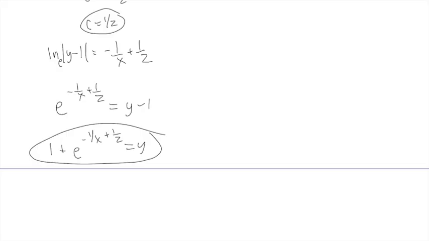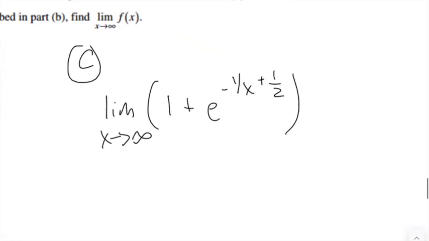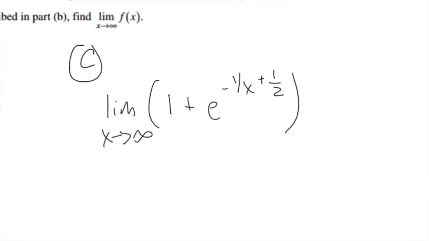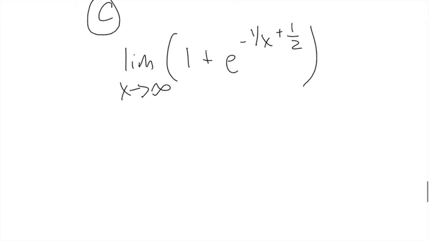Now, part C says we need to take the limit as this approaches infinity. With this constant, we could just pull it out, and all we need to do is plug infinity in here. But we can rewrite this equation, and let me show you how. So we'll pull the 1 out. We'll still take the limit as x goes to infinity.